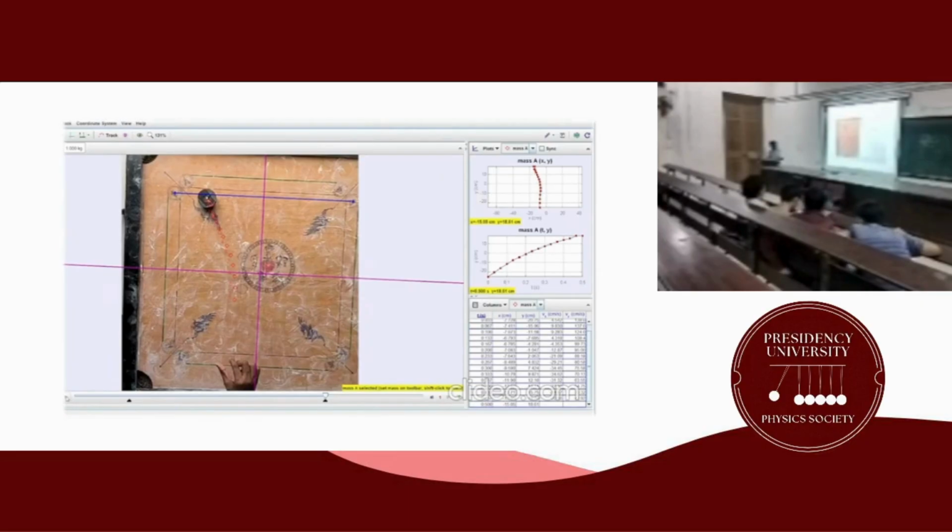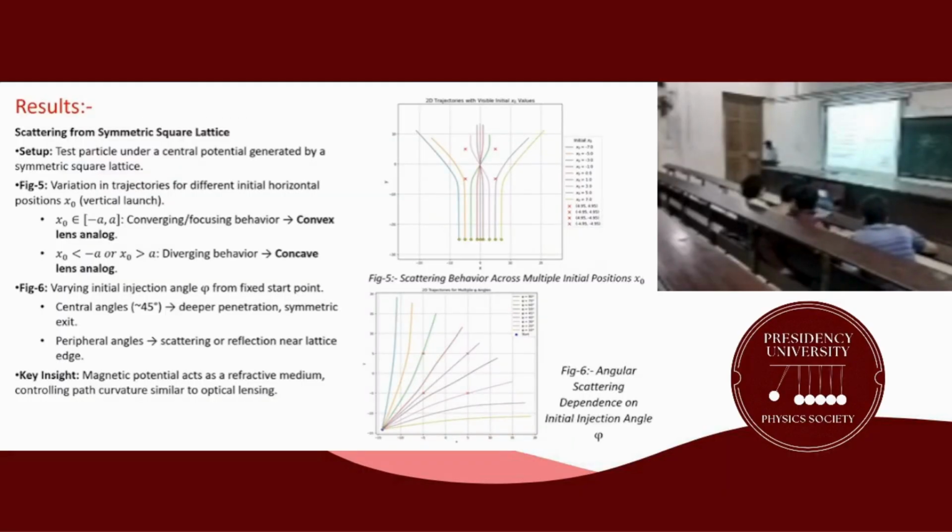Here I give some initial velocity or initial force in this direction, and it is bent because of the magnets, due to the potential we saw previously. The test particle's trajectory moves, and you can clearly see the x and y scattering-like plots here, the results.